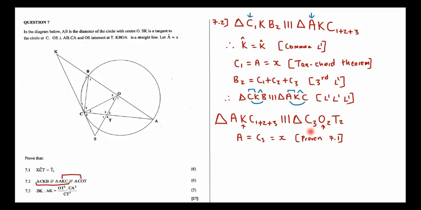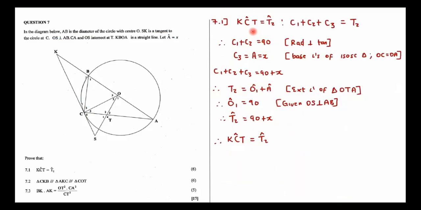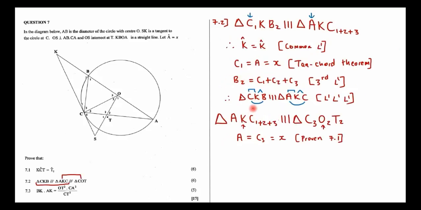So K and O2, I just need to see if I have that here. I just have O2 there, so I don't have that. But now I'm going to check the second part. Even in 7.1, I don't remember proving K and O2, so I'm going to skip those two angles. But now I'm going to look at C1 plus C2 plus C3 and T2.